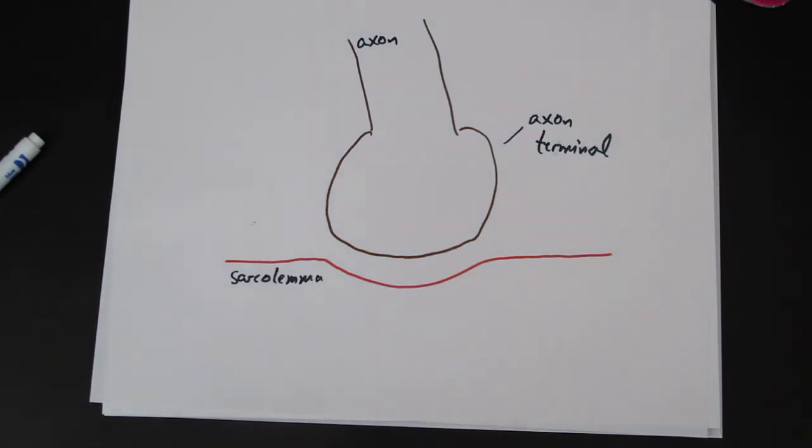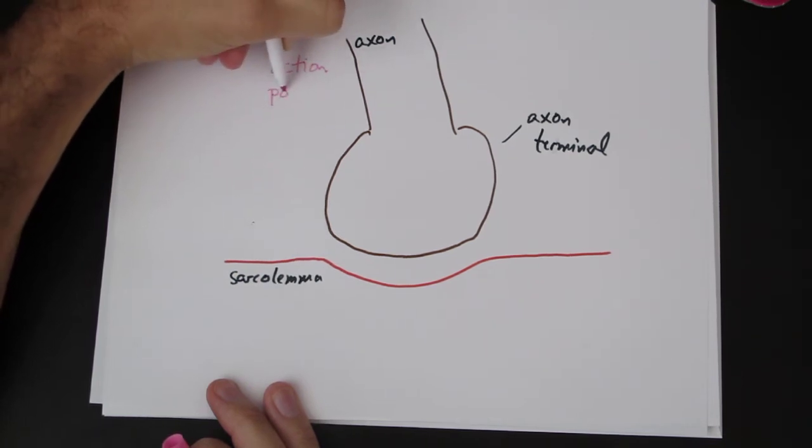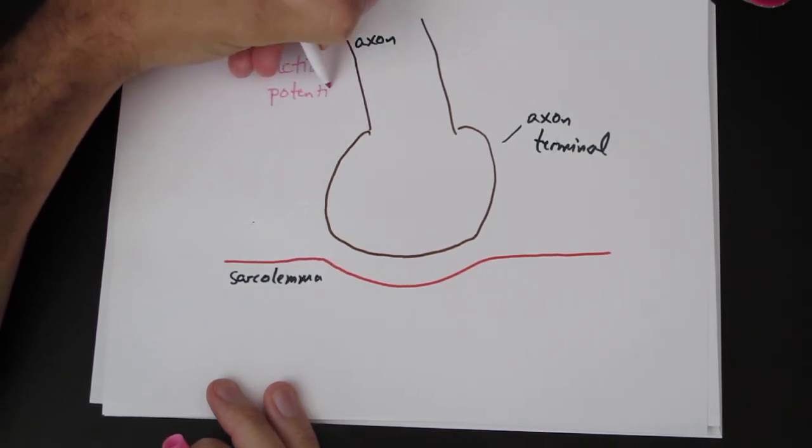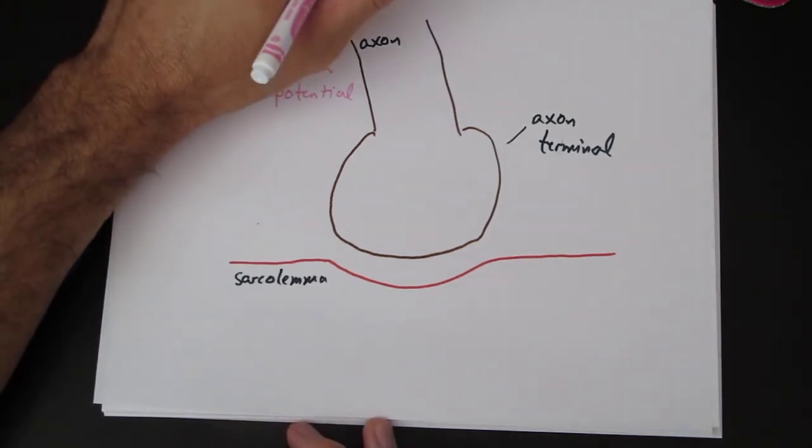Now the message that is going to eventually tell this muscle cell to contract, this message that originates in the neuron, is called an action potential. An action potential is an electrical signal.